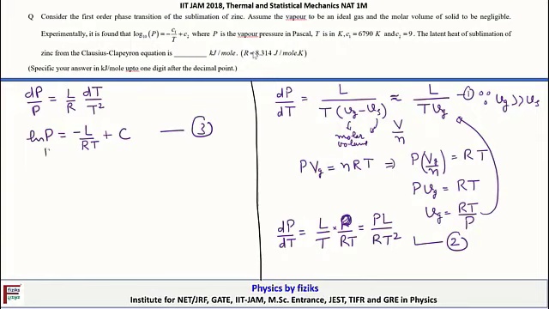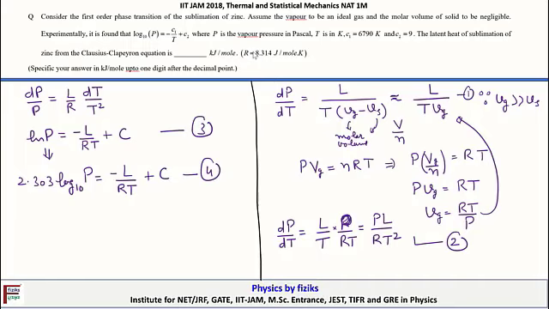Now this equation can be further rewritten. Basically we are changing from ln to logarithm to the base 10, so a factor of 2.303 comes into the picture. So 2.303 log 10 P is equal to minus L upon RT plus C. This is equation 4.